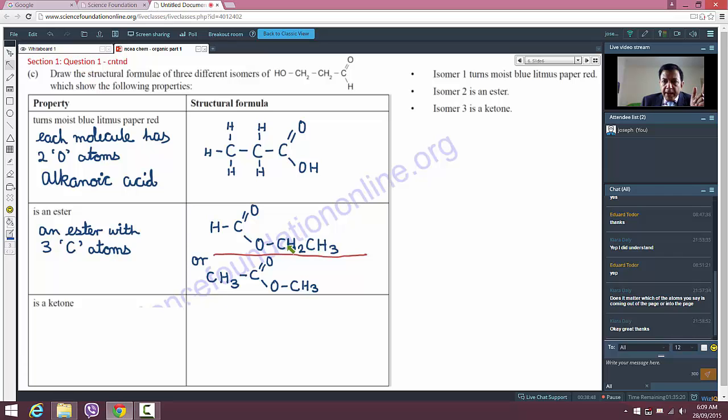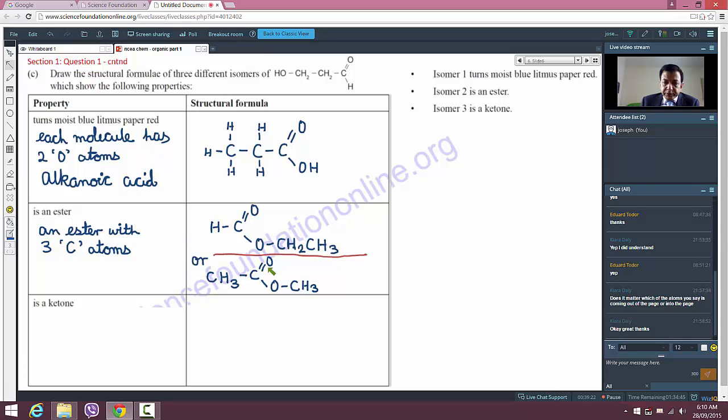The alcohol part is the 2 carbon alcohol, which is ethanol. And the 1 carbon alkanoic acid is methanoic acid. So this will be ethyl methanoate, the systematic name of the structure above this brown dividing line.